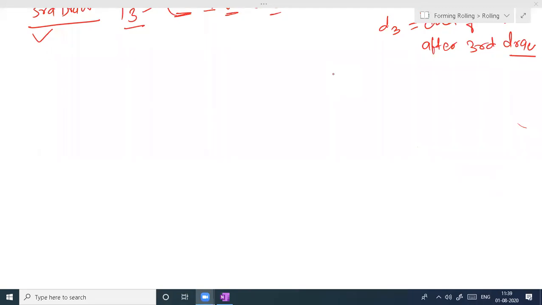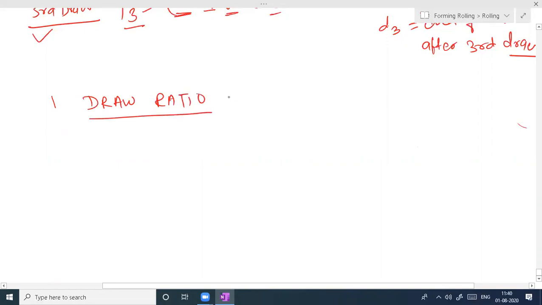Then one more term is called the draw ratio, or we also call it the limiting draw ratio, LDR. Every material has a limiting draw ratio. This draw ratio is basically D by d.